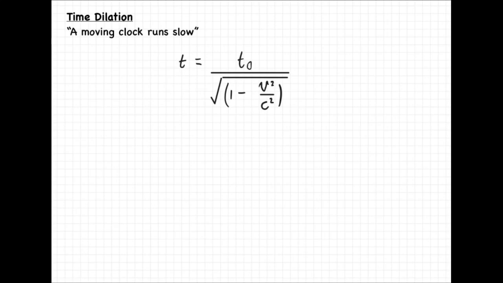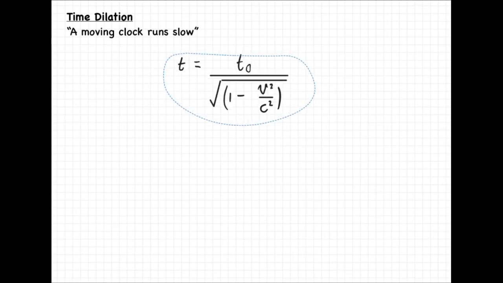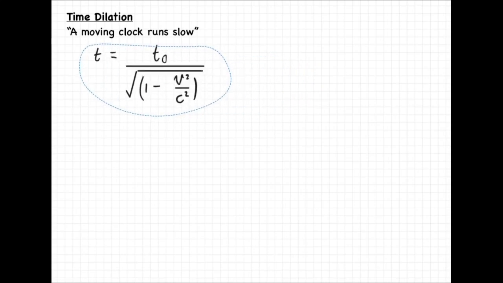T0 divided by, all in brackets, the square root of 1 minus v squared over c squared, okay? Now let's just define those terms as well to make sure that's clear. So I'll shift that over ever so slightly.